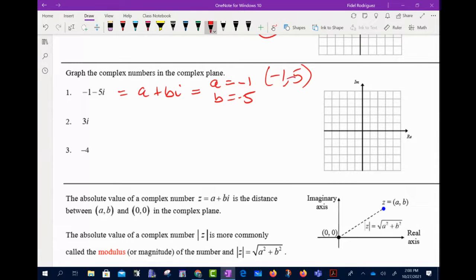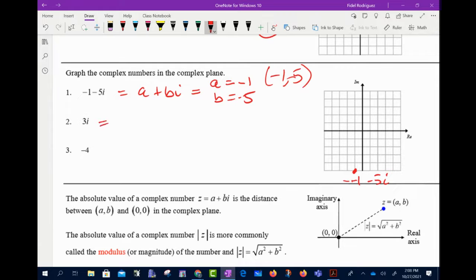Negative 1 and negative 5. So if I'm going to plot the point negative 1 minus 5i, I'm going to go 1 to the left, and then 1, 2, 3, 4, 5 down. And here would be negative 1 minus 5i.